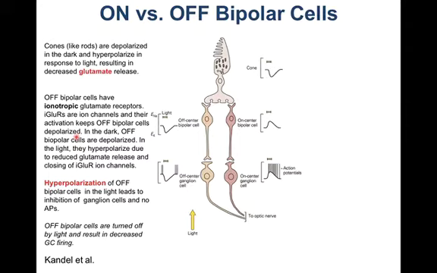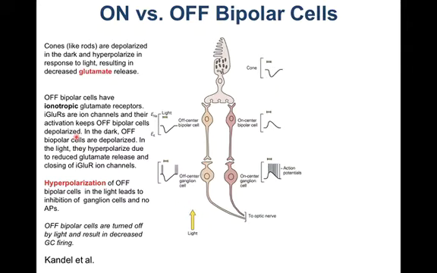So in the dark, photoreceptors are depolarized. In the dark, photoreceptors are spitting out glutamate. Glutamate binds to ionotropic glutamate receptors, iGluRs, opening them, resulting in a depolarizing current in the dark.